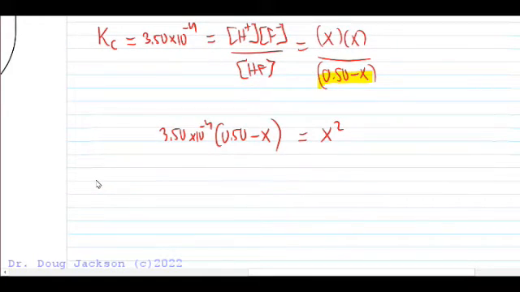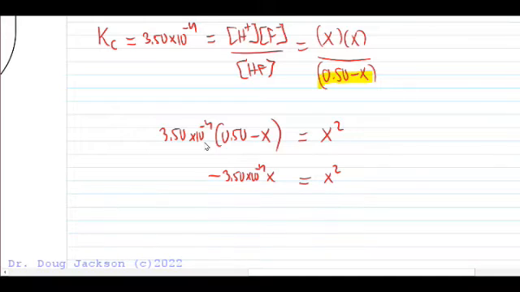Okay, so at this point, we are going to distribute through our values, and we'll say that X squared equals, we're going to say 3.50 times 10 to the minus 4 times X. We'll subtract that, and then we'll say 3.50 times 10 to the minus 4 times 0.5 is going to give us 1.75 times 10 to the minus 4.